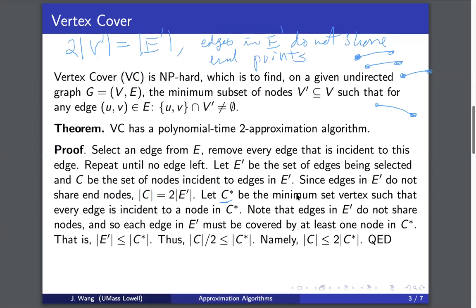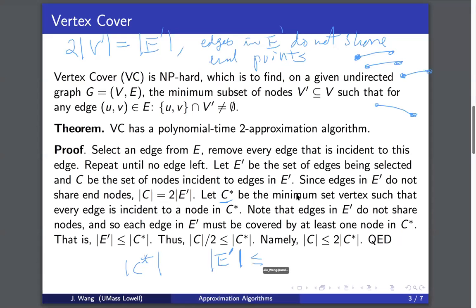So each edge has at least one point in it.